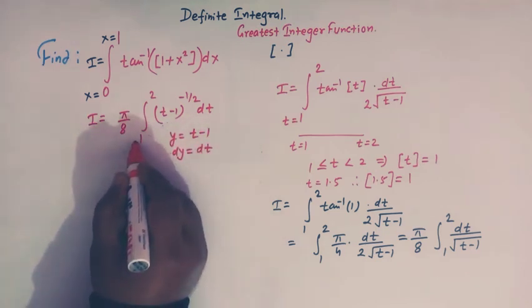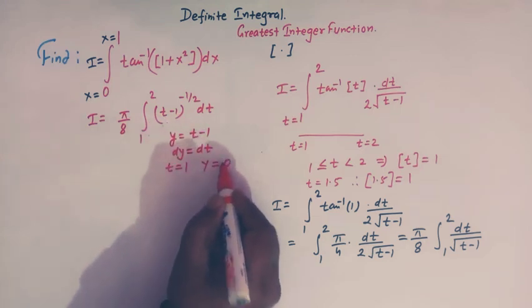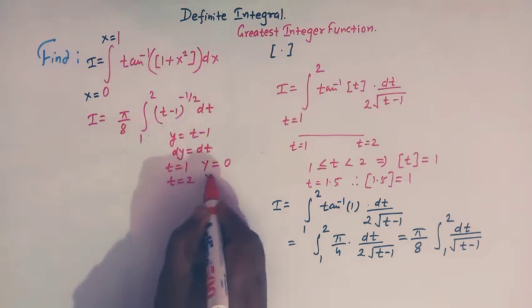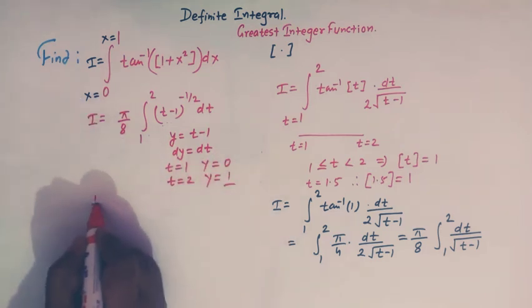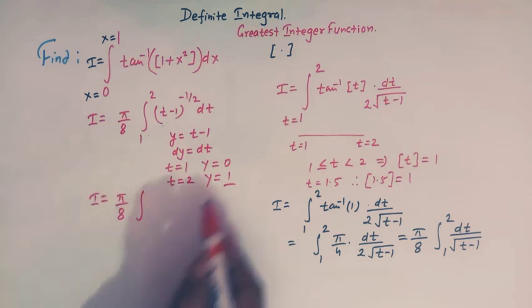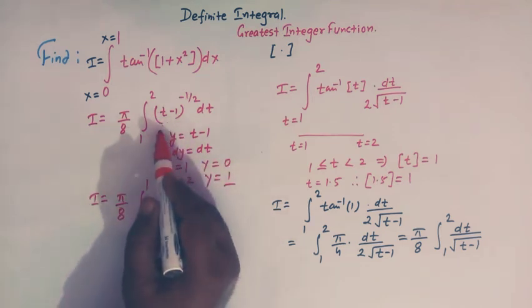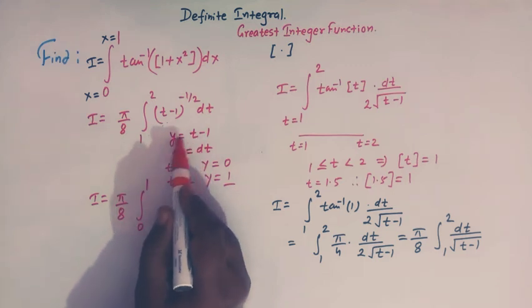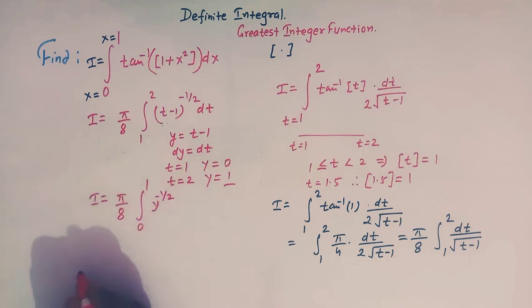When t is 1, then y is 0, and when t is 2, y is 2 minus 1, that is 1. So now this integral I becomes pi over 8 times the integral from 0 to 1, because we are changing the variable t to y, of y raised to minus half dy.